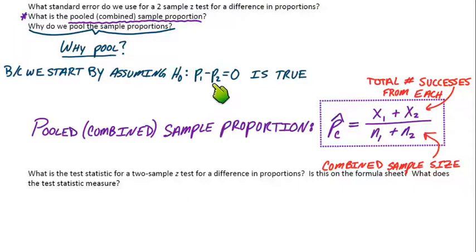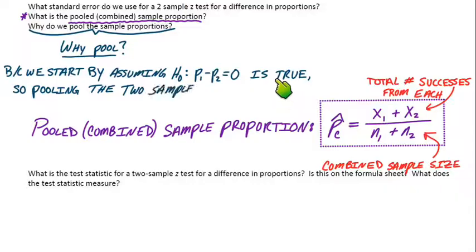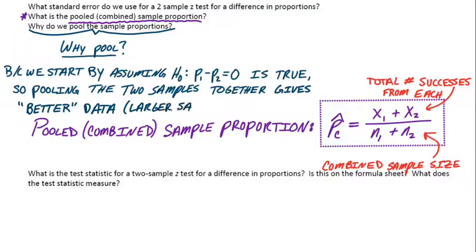If p1 and p2 are really the same, that's what we start out by believing, then if we pool the two samples together, that actually gives us better data by giving us a bigger group, like pooling our money together. Now we have more money. So it's like we have a larger sample now, so we have better data in a sense.